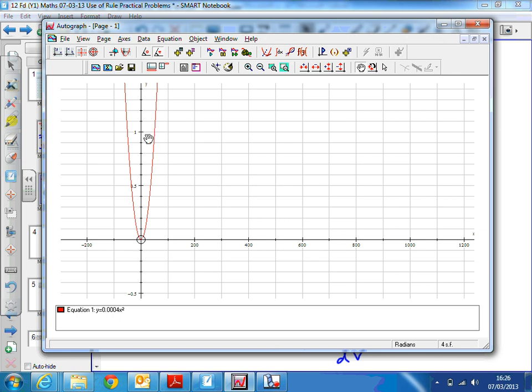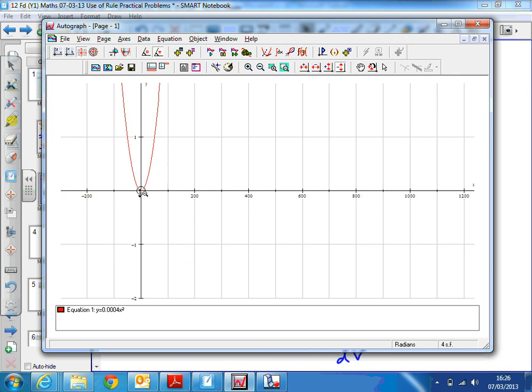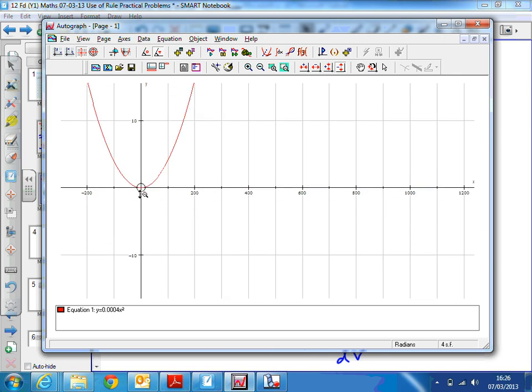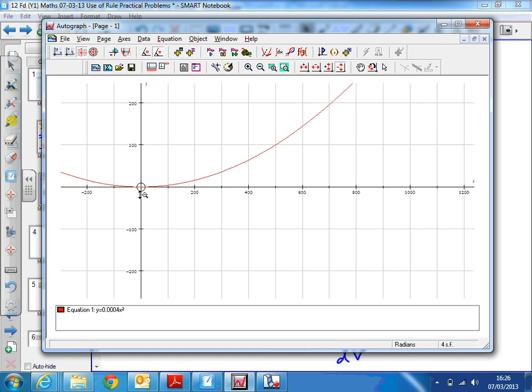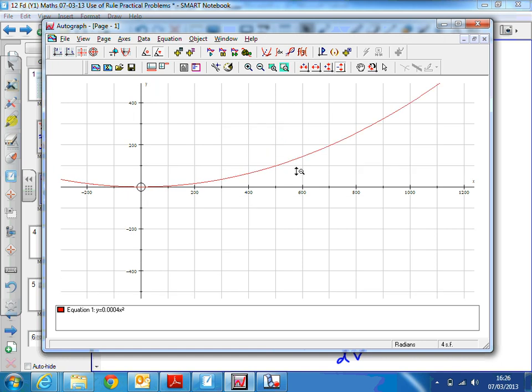So I now need to zoom out on the y-axis until it comes down. And there we are. So now I can see that at 750, for the pointer here, it is at 750 volts.